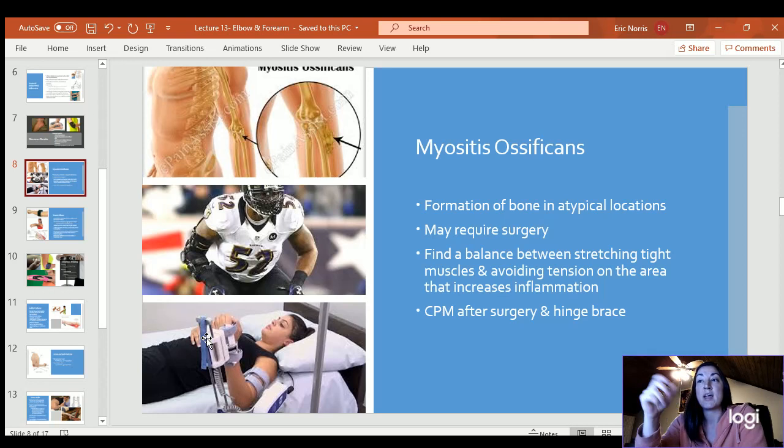That way it's providing that gentle, light, stretching, fluid movement to keep more bone formation, or scar tissue or any of that, from forming, without putting stress on the area. So that would be recommended after surgery. And then also a hinge brace.